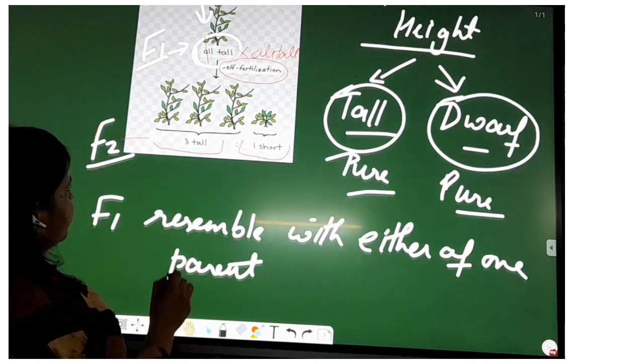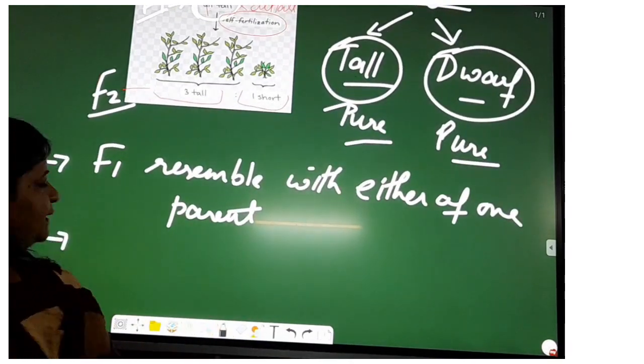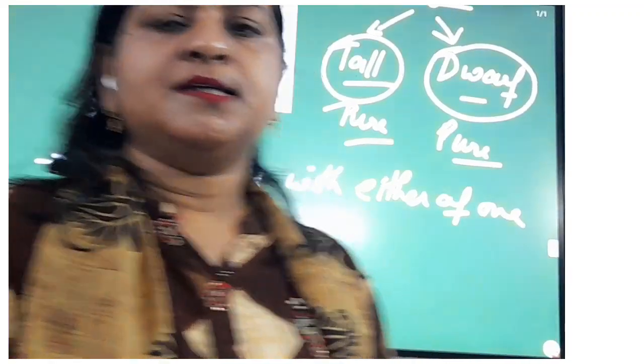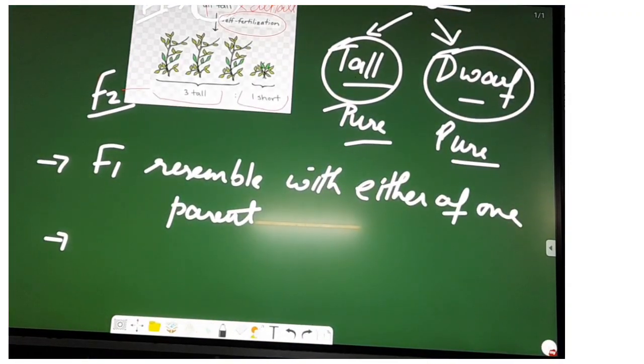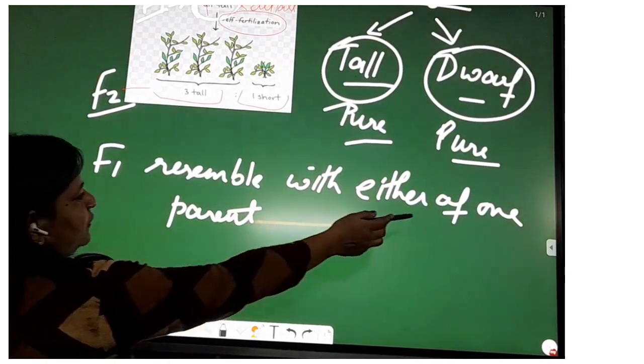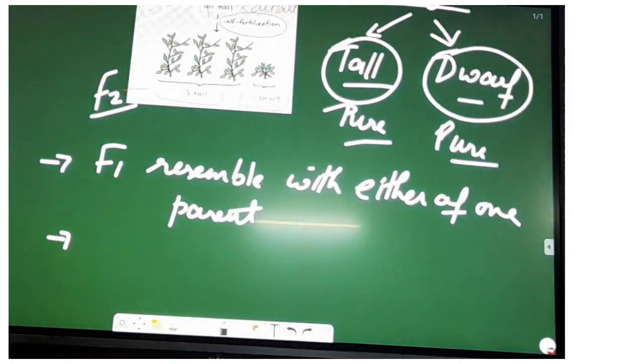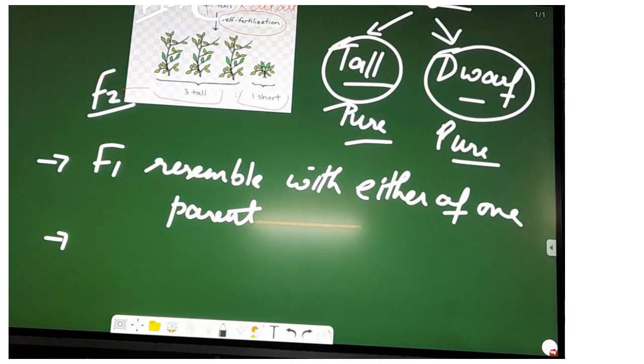Means in the F1 generation only one parental character was shown. Second, F1 represents only one parent, not the other parent. The other parent's character was not shown.